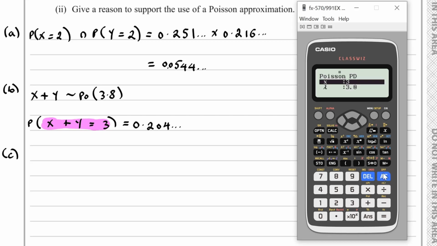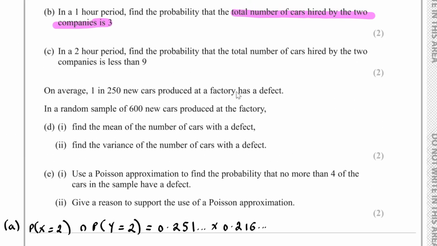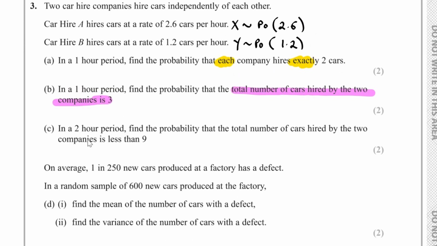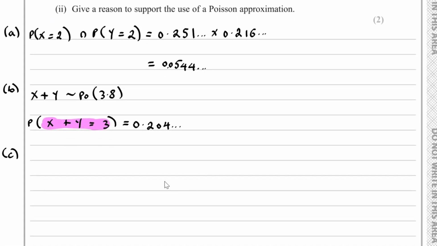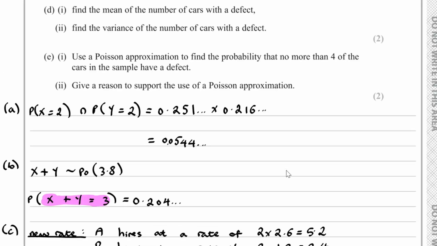Now for part C, we have a 2 hour period, so that's a bit interesting. We have to find the probability that the total number of cars hired by the two companies is less than 9. First of all, we have to work out our new rate. Let's write this down. A hires at a rate of 2 times 2.6.